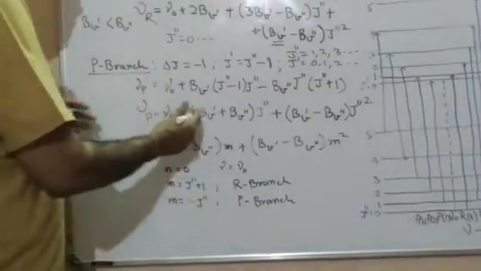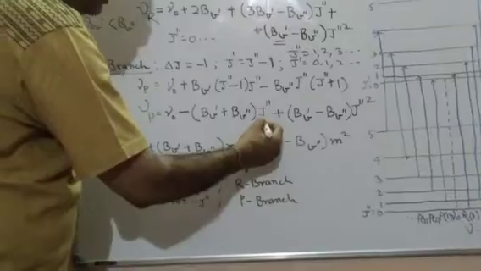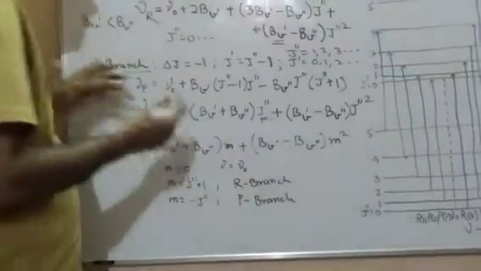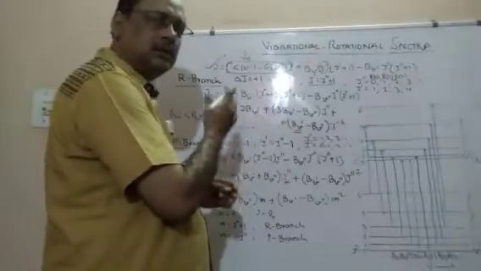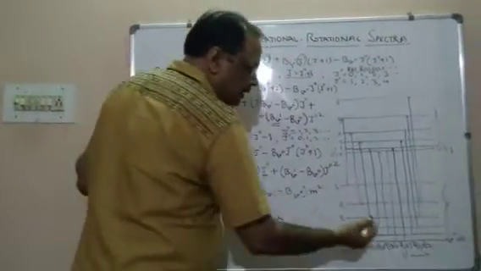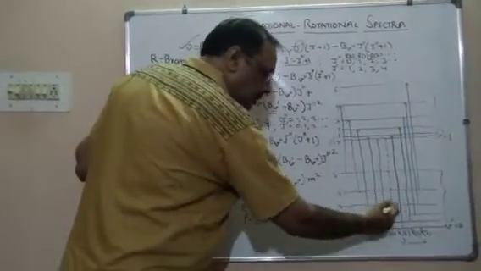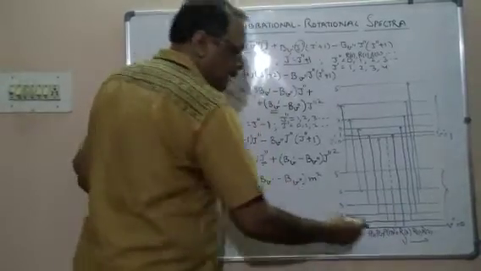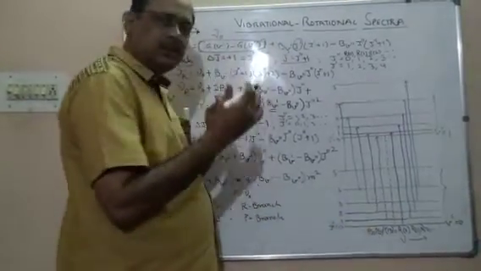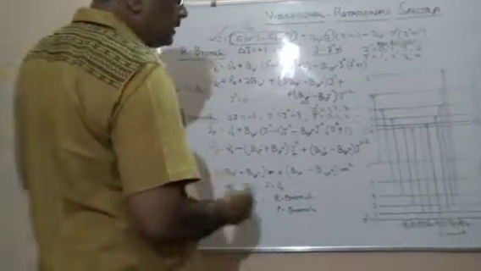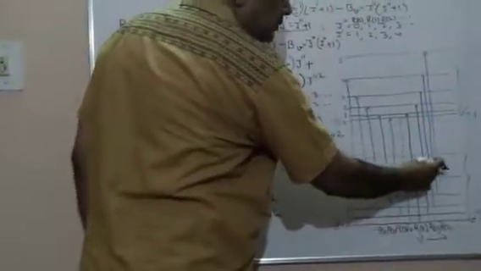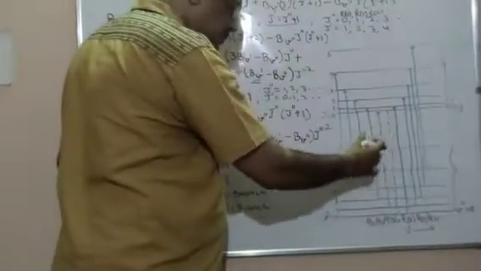So it means that as soon as we increase the value of J double prime, we will have a larger spacing in the consecutive lines, and that's why when we move to the lower wave number side of the P branch, the spacing between the lines increases. Okay. So for the R branch, the spacing between lines decreases. For the P branch at the lower wave number side, the spacing between the lines increases.